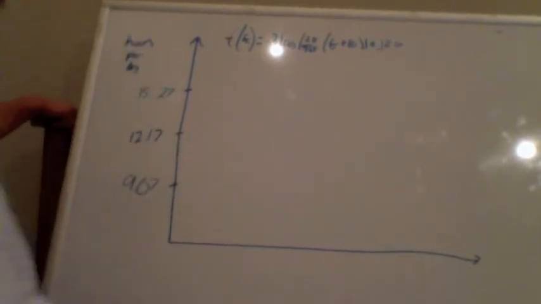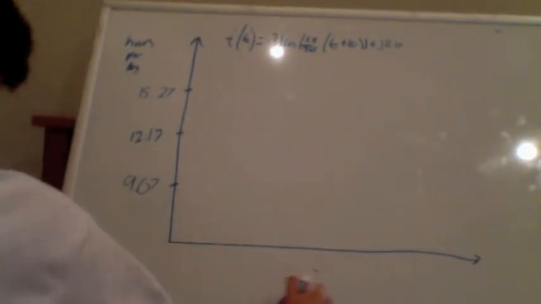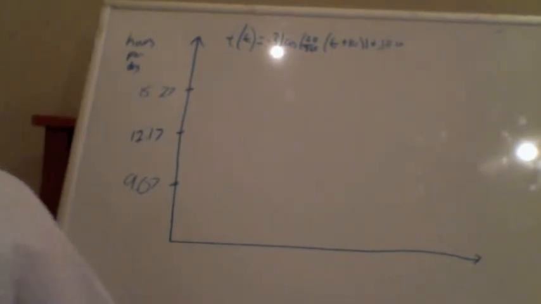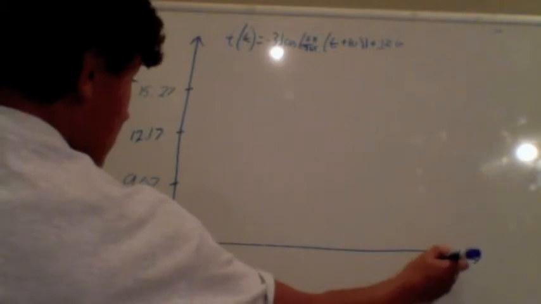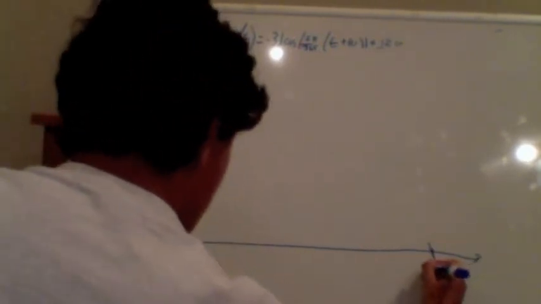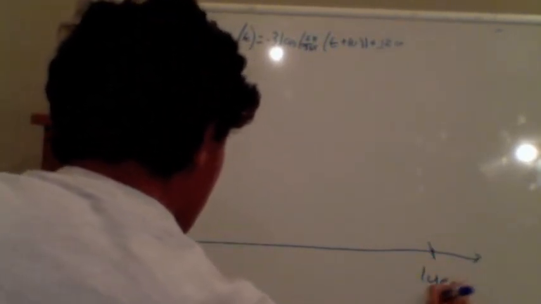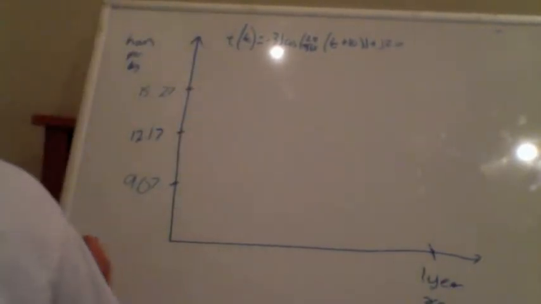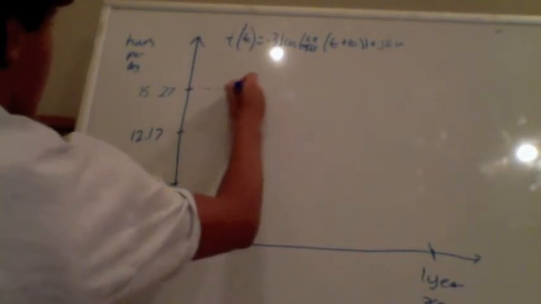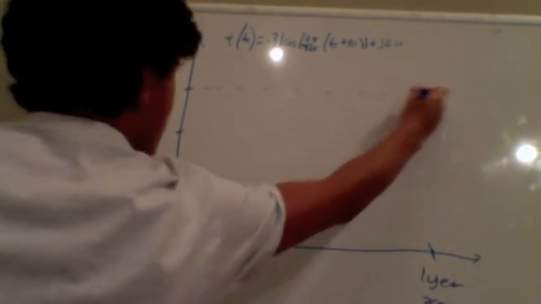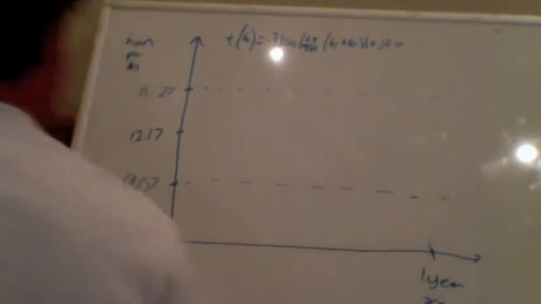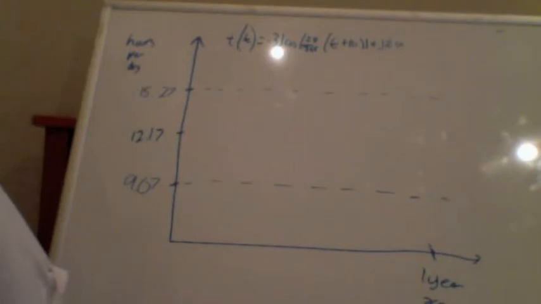And then on the bottom, we will draw out our time, which is going to be, I guess, in years. This will be 1 year or 365 days. We'll also go ahead and write a dotted line for our maximum here, and minimum line for this right here. And now we can proceed to graphing it.